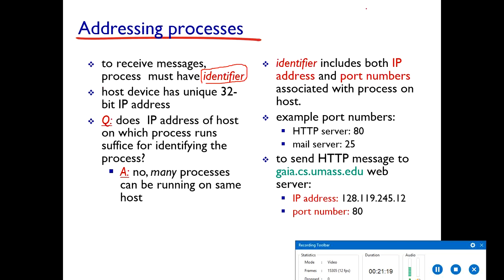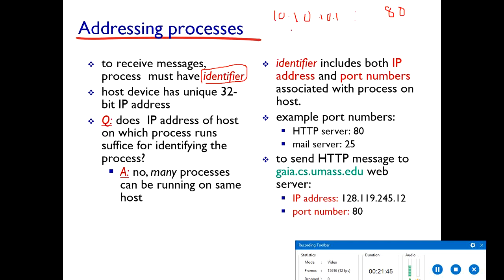For example, if you are using an HTTP application, the port number is 80. And for example, the IP address of your machine is 10.10.10.1. Both of these are necessary to identify a process. So the identifier should include both the IP address and the port number associated with the process on the host.